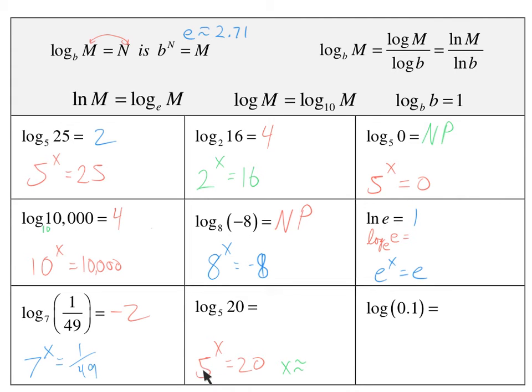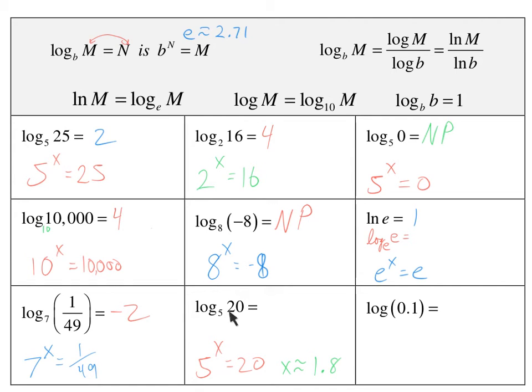It's 5. 5 squared is 25, which is close to this. So isn't it between 1 and 2 and really close to 2? I would probably think it's somewhere around maybe 1.8. It's just an approximation. 5 squared is a bit too far, but 5 to the first is way too small, so it's somewhere in between, closer to 2.